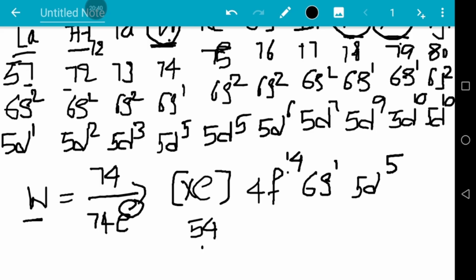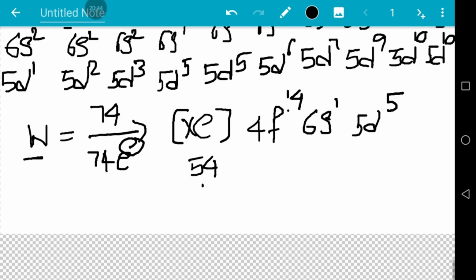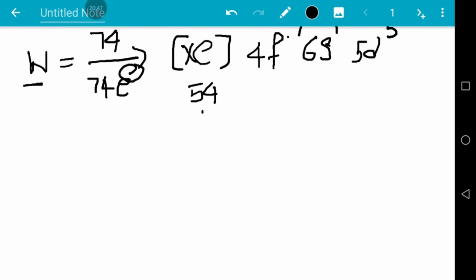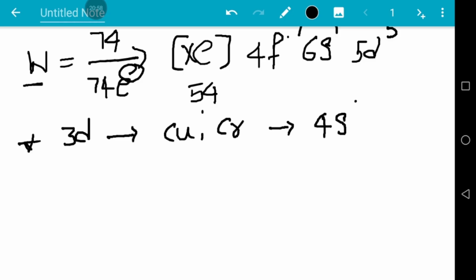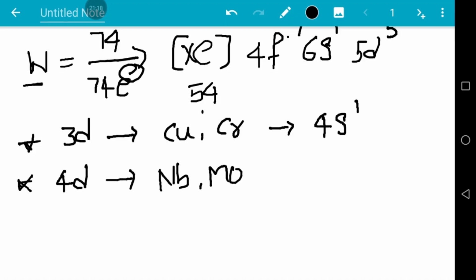So this is the electronic configuration of d block elements. In this you have to remember, in the 3d series what are the exceptional configurations? Copper and chromium, which have the 4s1 configuration. The remaining elements have the 4s2 configuration. Next, the 4d series. What are the 4d series exceptional configurations? That is niobium, molybdenum, ruthenium, rhodium, palladium and silver.